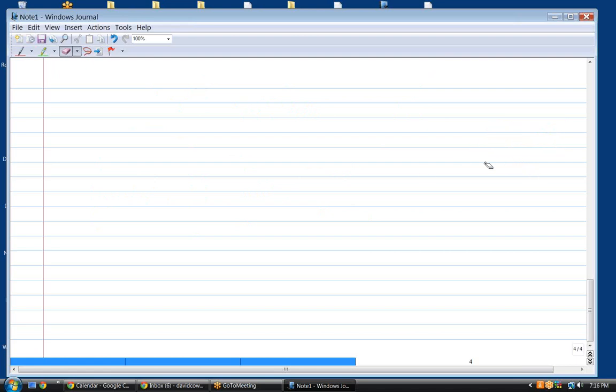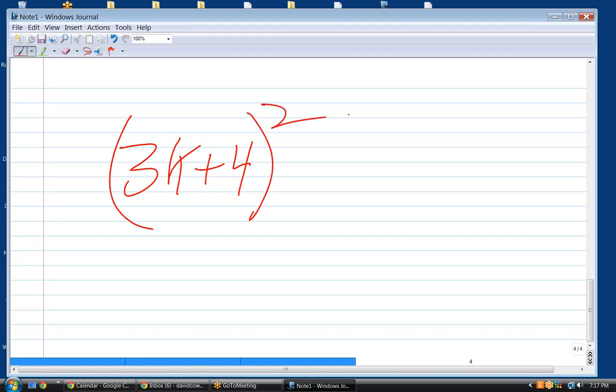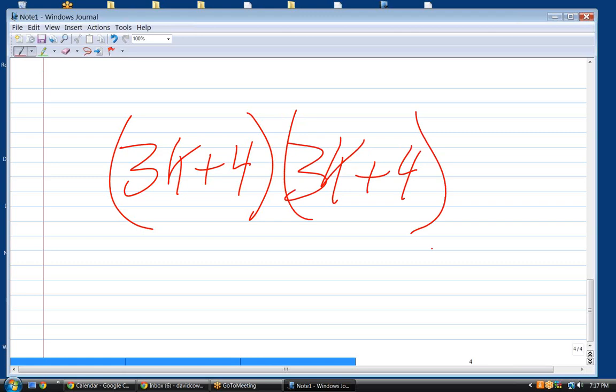Now, could you just also do 3k plus 4 squared? Couldn't you just write your final answer as, in the parentheses, 3k plus 4 squared? Oh, yes, you could. Okay. Yeah, it does factor. I didn't notice that it did factor into the 2 same things, huh? If they said factor it, you'd probably want to put your answer like this.